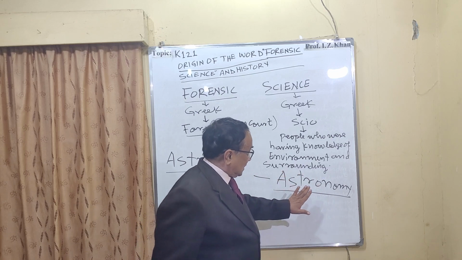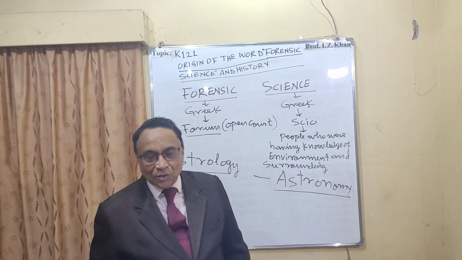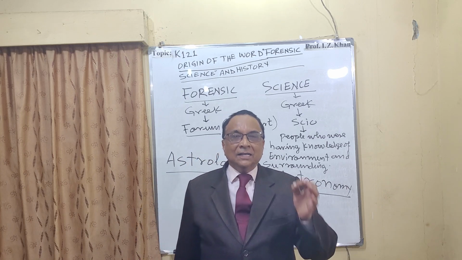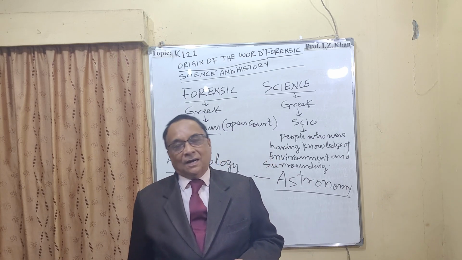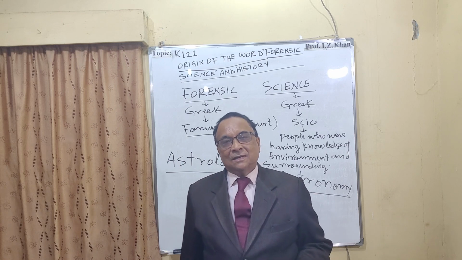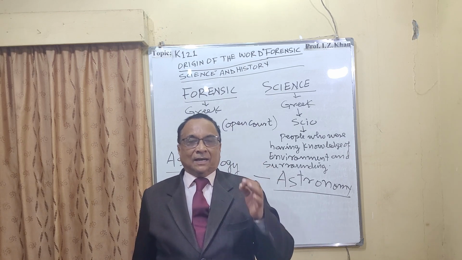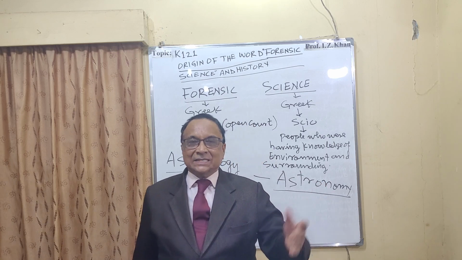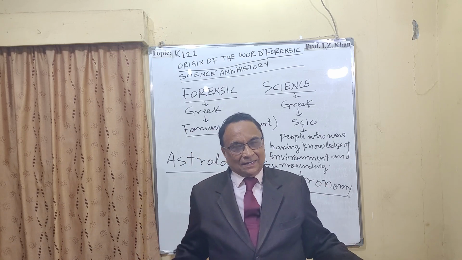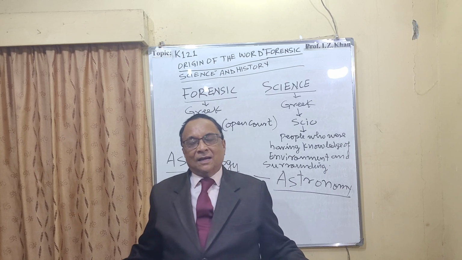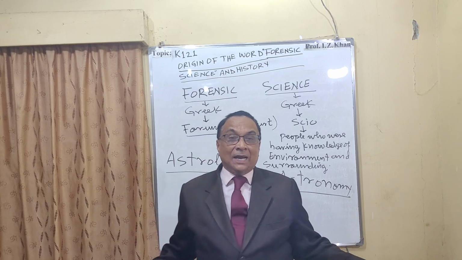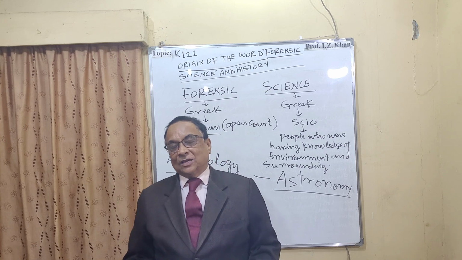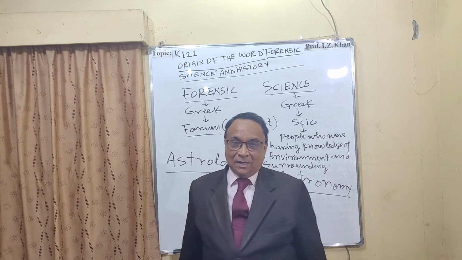When you come to astronomy, astronomy is a well-established science on the basis of instrumentation, statistical data, and quantification. It is the calculation of all the planets, their distance in light years, billions of light years, or maybe 400,000 to 500,000 kilometers, like our moon.